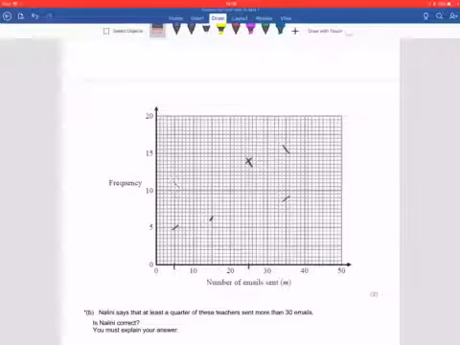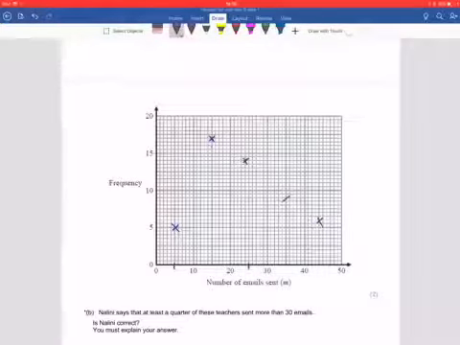Right, I'm going to have to do all of these again, all in one go, if I can remember. 5 and 5, 15 and 17, wasn't it? 25, I think, was 14.